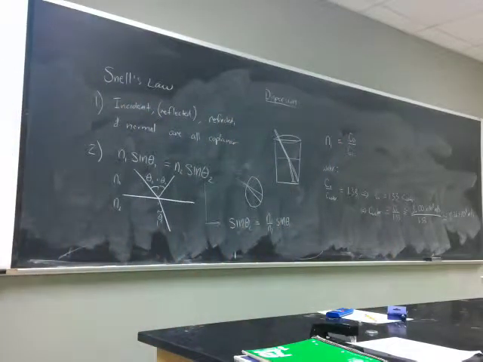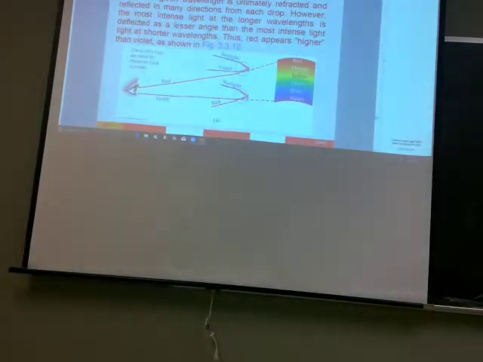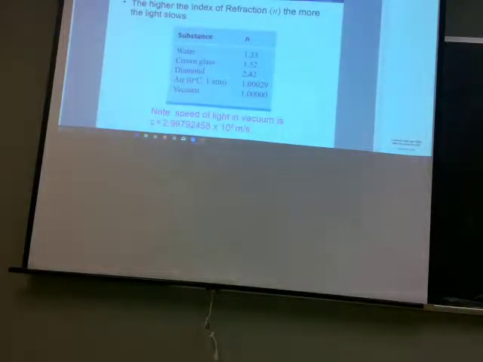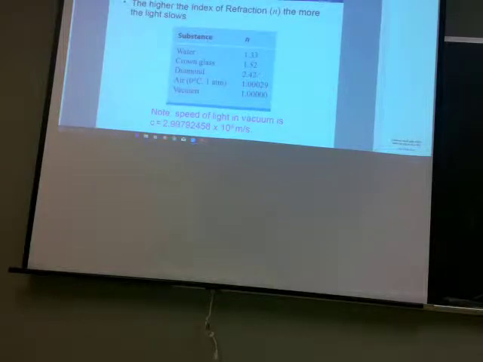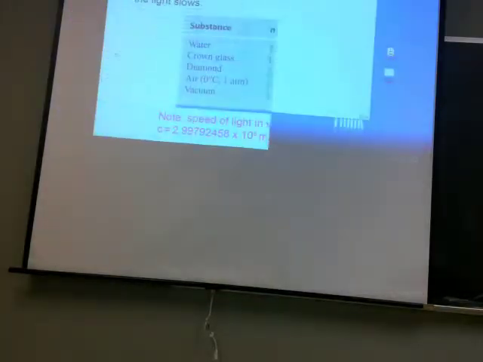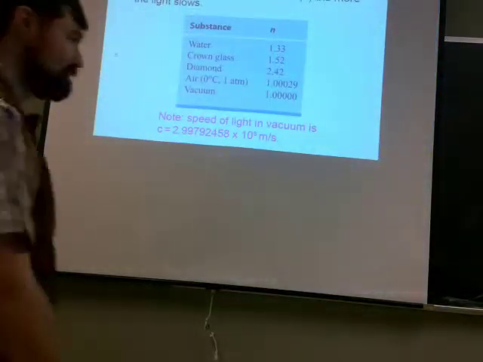All right, so let's test this out a little bit. Let's go back to our set of refractive indices, which are shown here. Let's pretend that we have water, for example, that we want to be incident on.